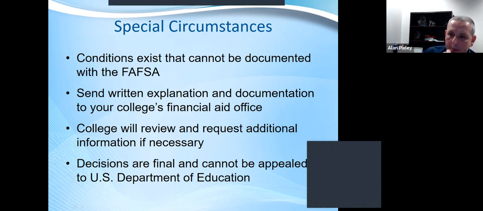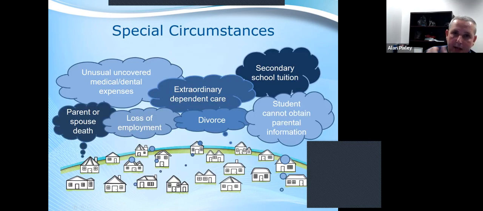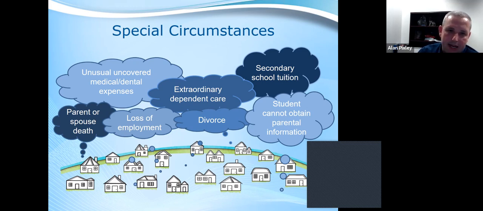Could be a parent or a spouse death. So you had a joint return for 2019, a parent passes away. That's going to be something where a school would step in and help make a special circumstance to change that income amount. Unusual uncovered medical or dental expenses. These have to be expenses that you had to pay. Let's say that you had to pay $60,000 worth of medical expenses.